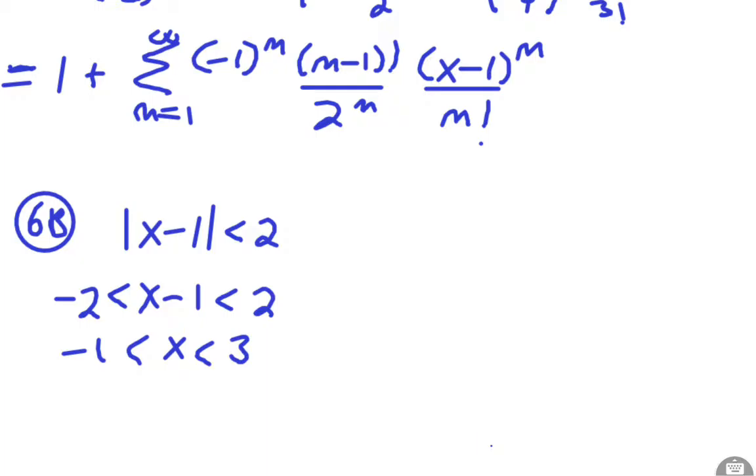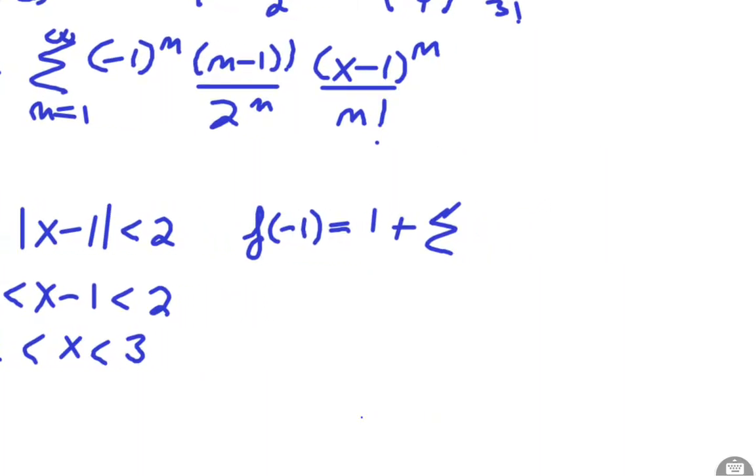All right, if we use a general term, f of negative 1 is going to be 1 plus sigma of negative 1 to the n times n minus 1 factorial over 2 to the n.